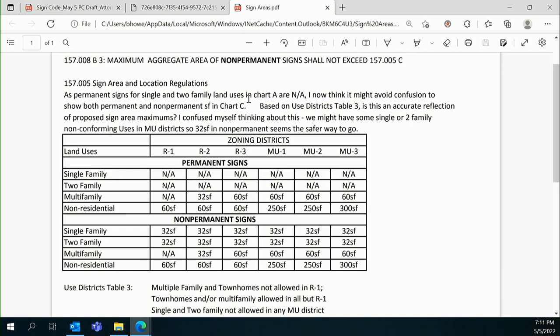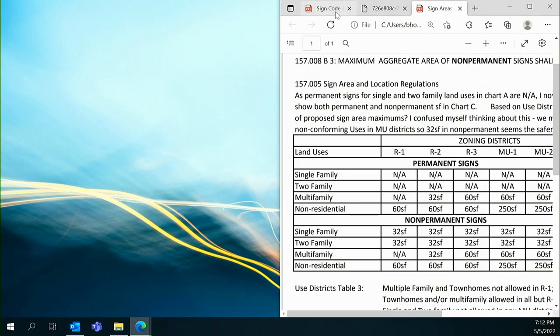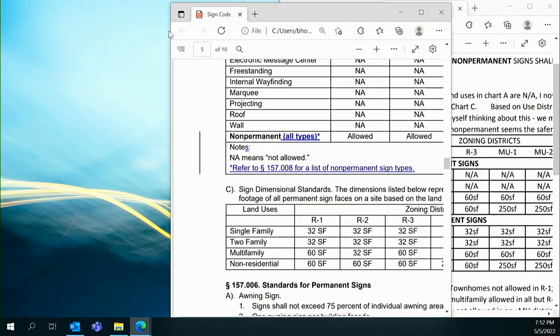Yeah, multifamily, NA, 32. I'd have to look at them side by side. R2 to 60 for non-res. Did I make it match? No, I left it at the 32 because I was unclear, there must have been some place we discussed that.